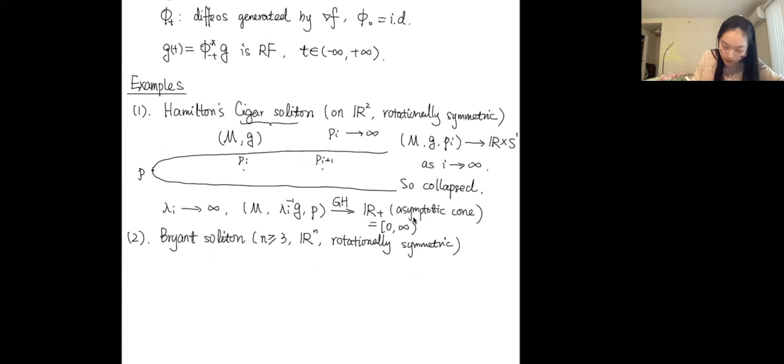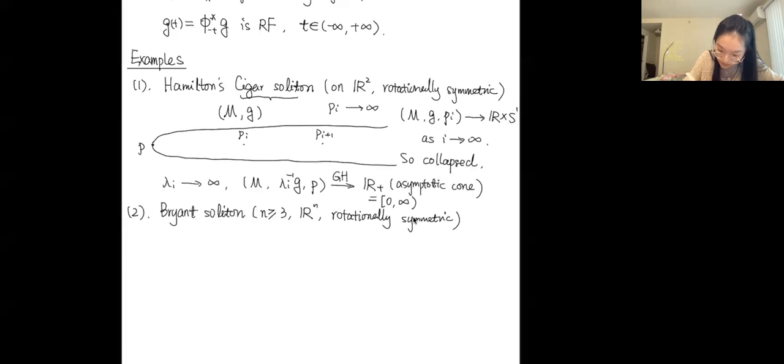But this Bryant soliton does not look like a cigar. It opens up faster than the cigar soliton, so you can have the following picture. It looks like a paraboloid.